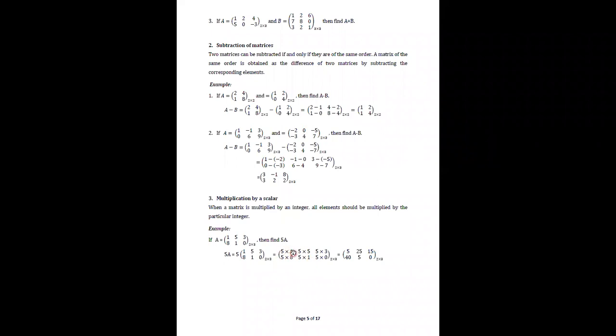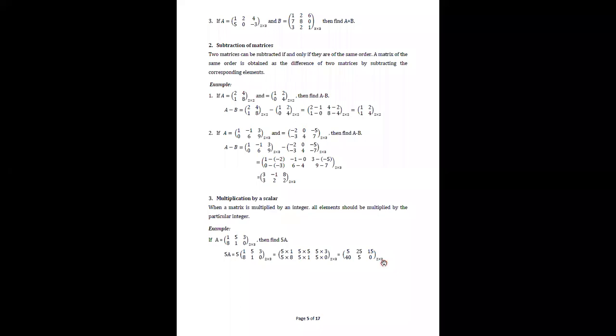Once you multiply all the elements by the scalar 5, the first elements are obtained from 5 into 1, then 5 into 5, 5 into 3, likewise 5 into 8, then 5 into 1 and 5 into 0. Once you perform this calculation, you get the matrix 5, 25, 15, 40, 5 and 0, having the order 2 by 3.